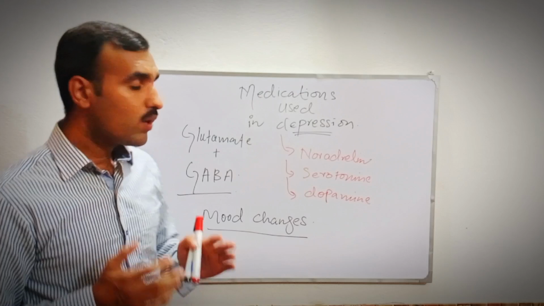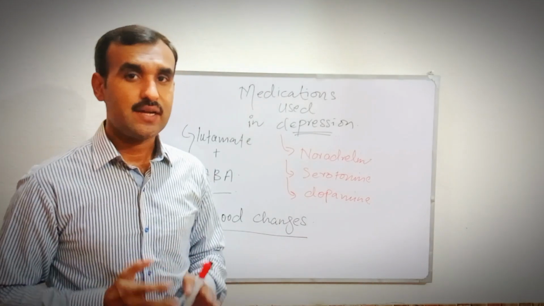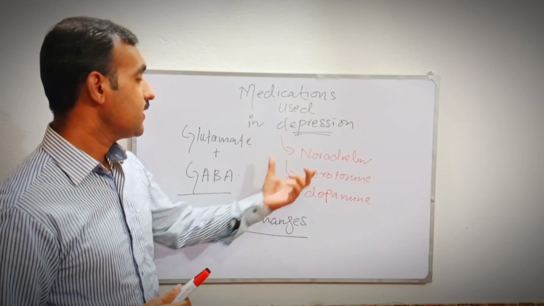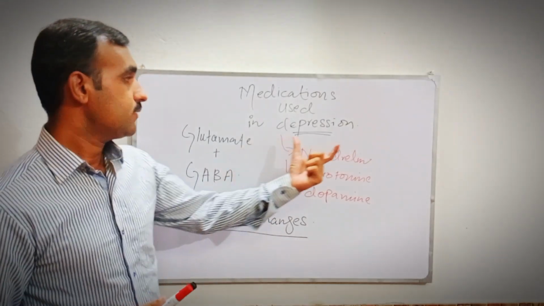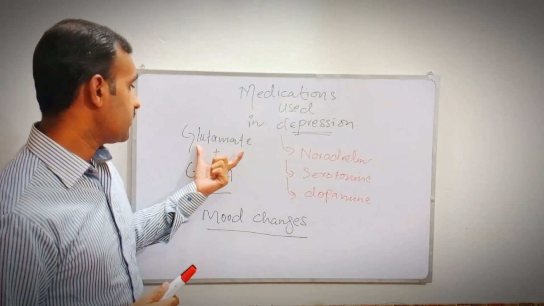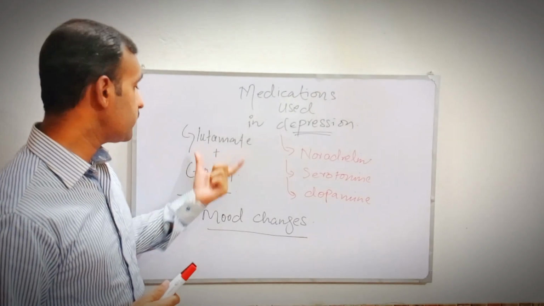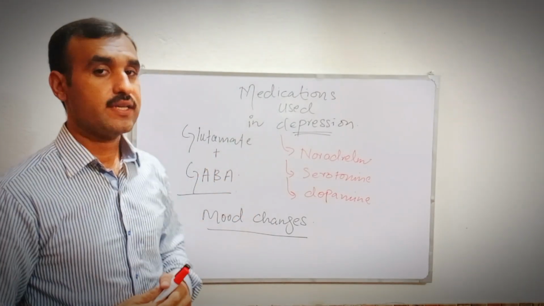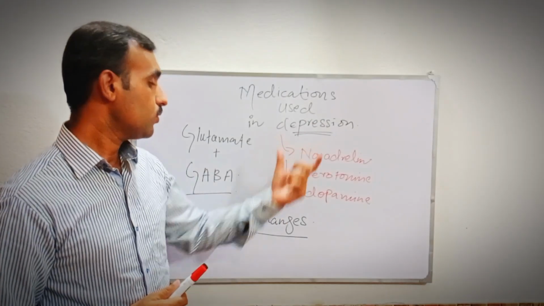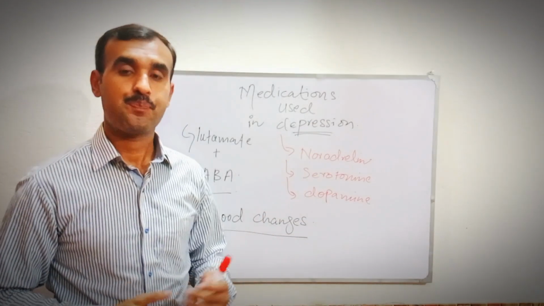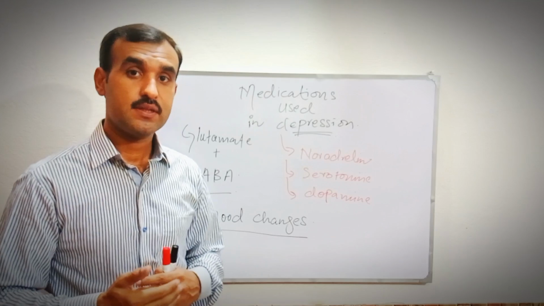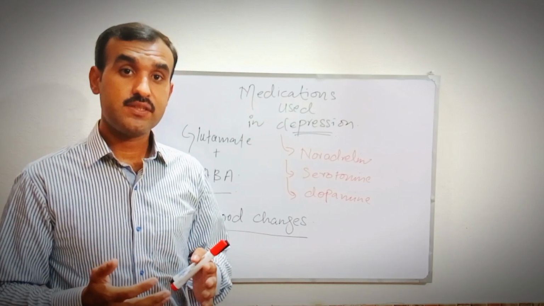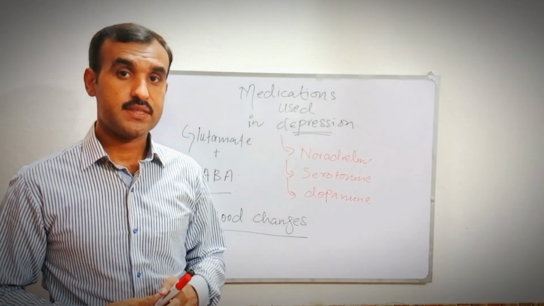So what we have to know right now is the chemical basis. On a chemical basis, inside the brain of depression, there are two chemicals. The one is glutamate and the second one is GABA. These two chemicals play an important role in mood elevation, pleasure, concentration, and also the activities performed by a person.